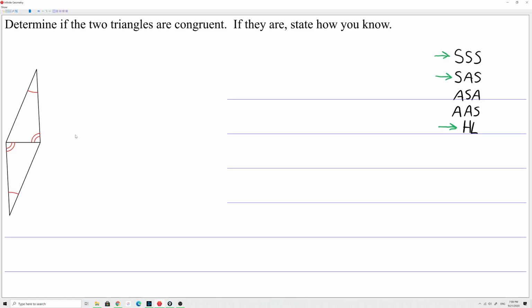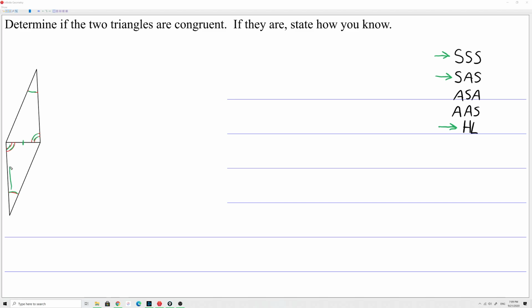Next. So we have a lot of information here. First, note that yet again we have a side that's in common. We have an angle pair with 1 mark, and we have this angle pair with 2 marks. So we have two angle pairs and a side. Now what I like to do is choose a starting point. So I'll start in this bottom triangle at this angle with 1 mark.